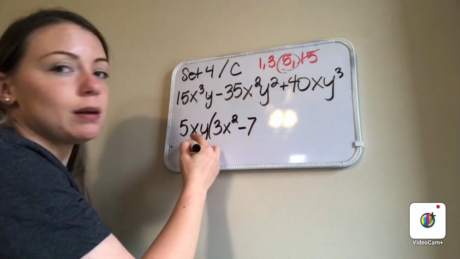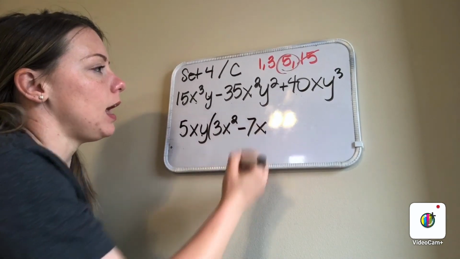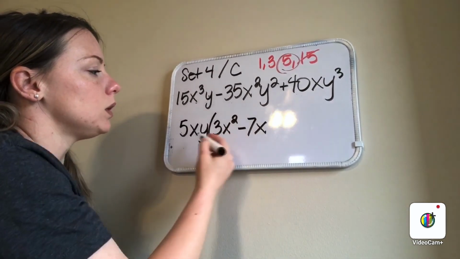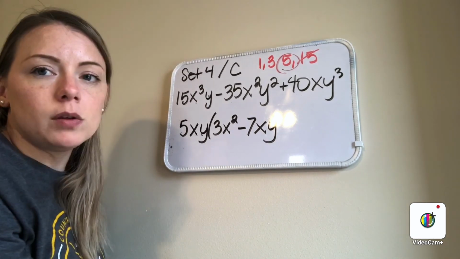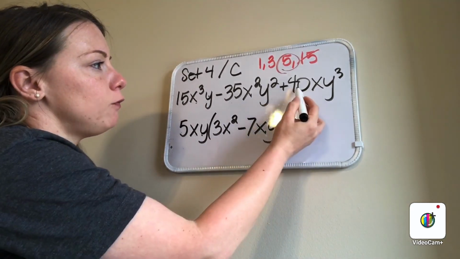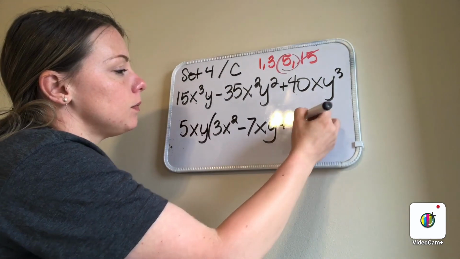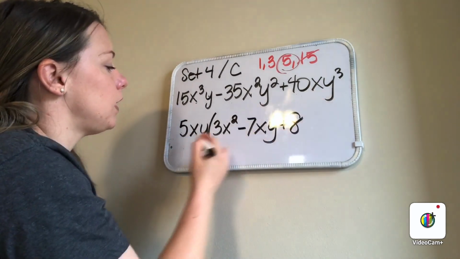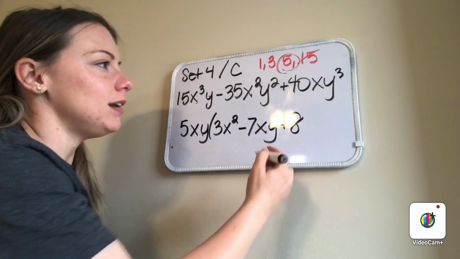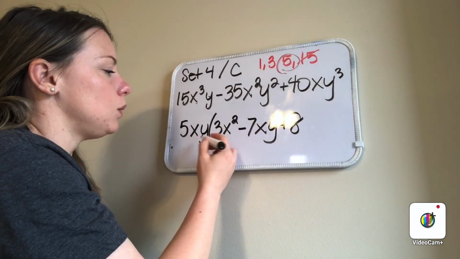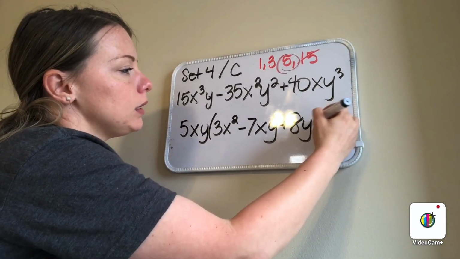X squared divided by x, which is x. Y squared divided by y, which is y. Almost finished. I have one more term. 40 divided by 5 is 8. X divided by x is, well, it's 1, excuse me, so we don't have to write that. Y cubed divided by y would be y squared.